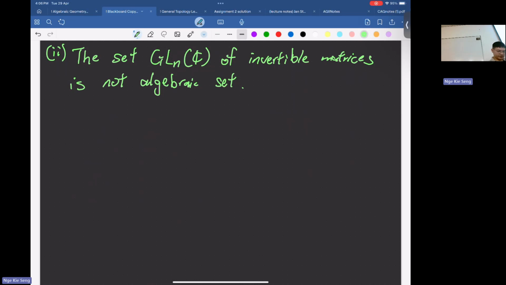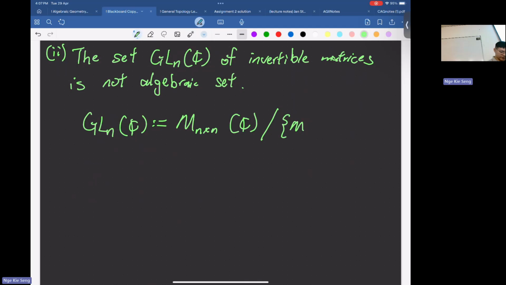What is GL_n? It's the n by n matrices with some matrices taken away: all the matrices in the n by n matrices such that the determinant of M is 0, set minus.